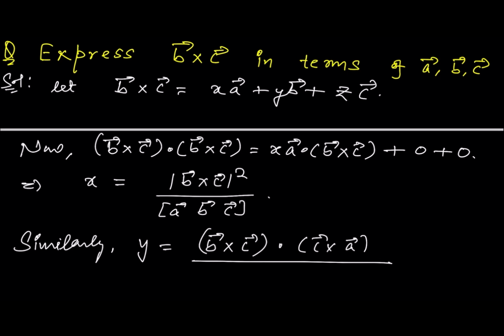A dot C cross A is 0 and C dot C cross A is 0. So this will be B dot C cross A and B dot C cross A is box ABC.